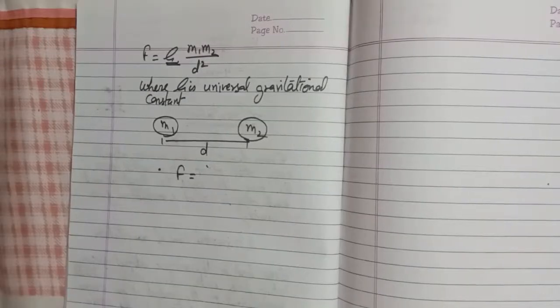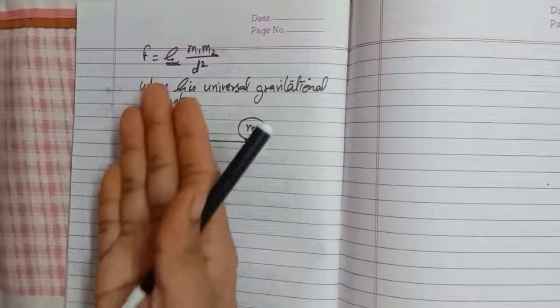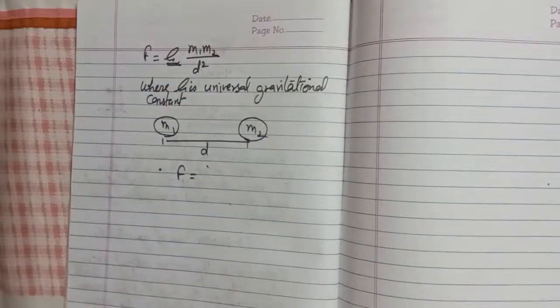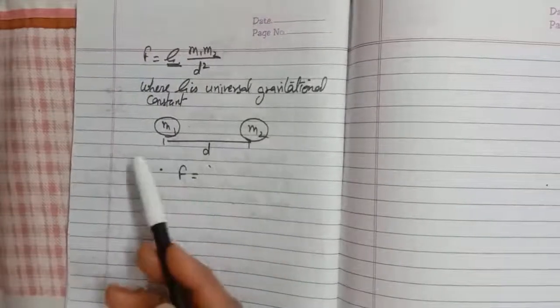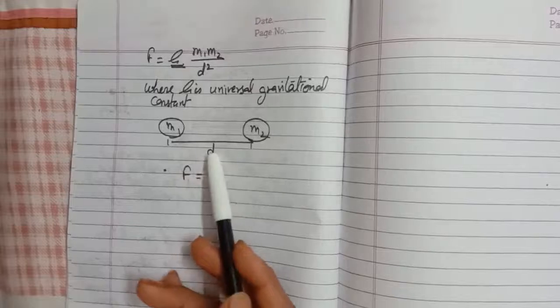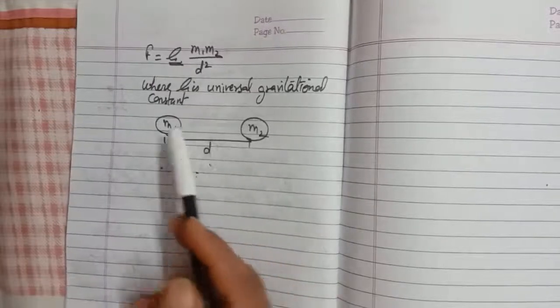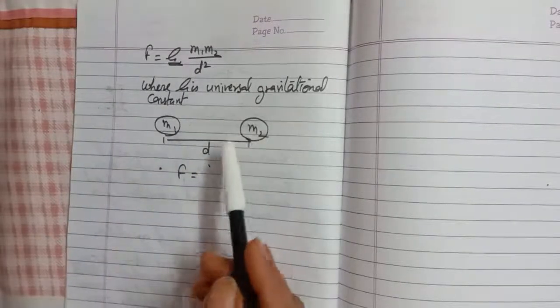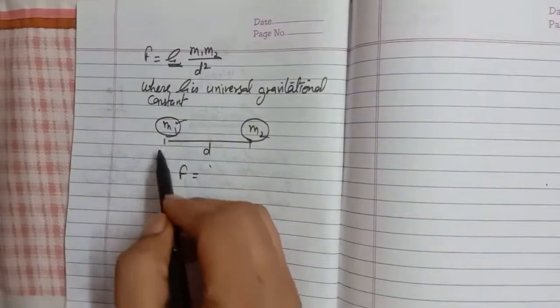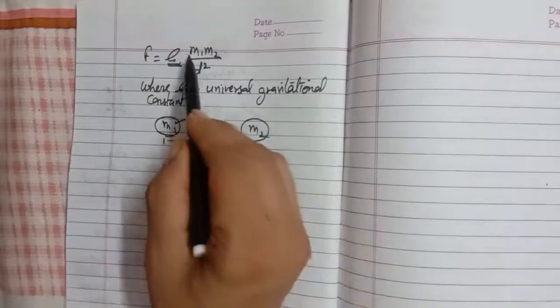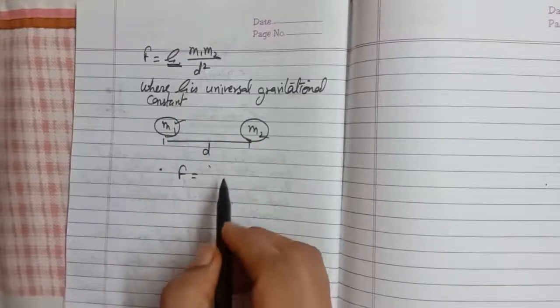Now try to understand this by taking more examples. Suppose these are two bodies having the masses m1 and m2, placed at a distance of d, and the force of attraction between them is F. What will happen if we increase the mass of one of the bodies by 2 times? Now this body m1 has the mass 2m1.